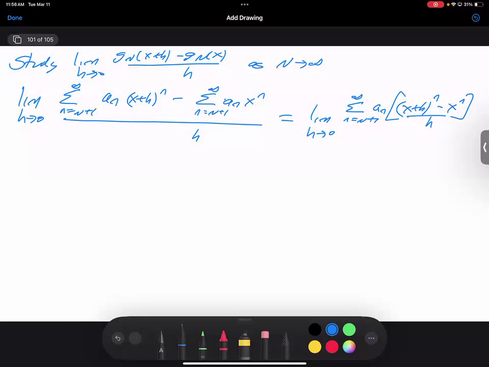So I can do this. What can you say about x plus h to the n minus x to the n? So x plus h to the n minus x to the n over h. So something like x plus h minus x times something that involves x plus h plus x.